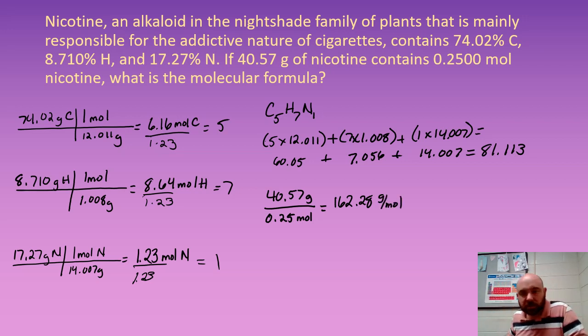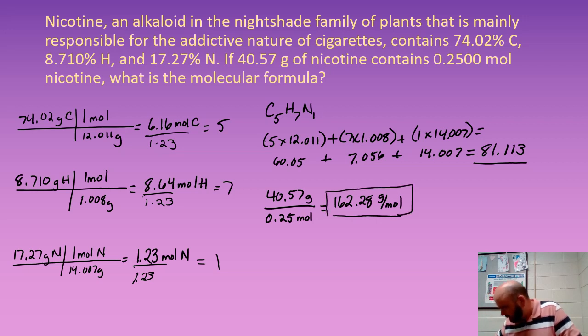So what we've essentially done is said that our empirical formula shows a weight of 81.113. The actual weight of nicotine is 162.28. So to figure out how many times it was reduced by, we will divide the actual molecular weight by the empirical formula molecular weight. So 162.28 divided by 81.113.